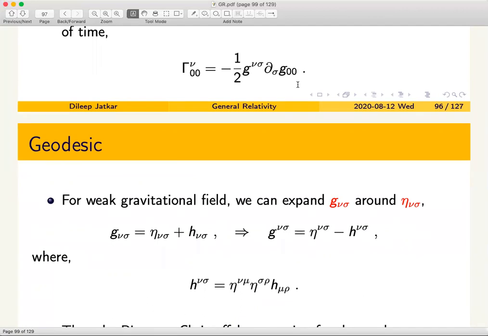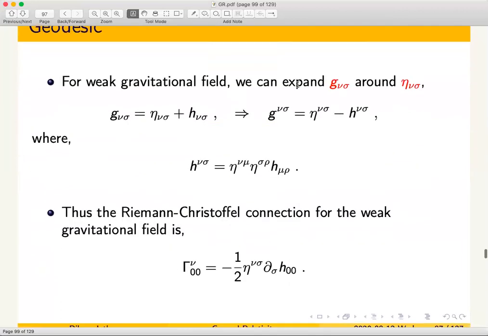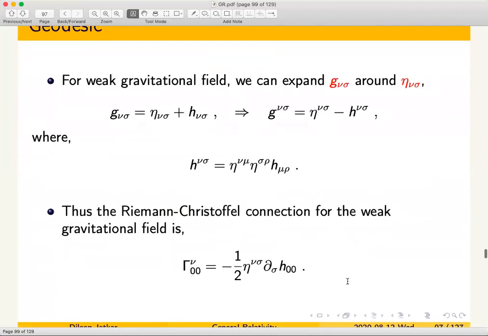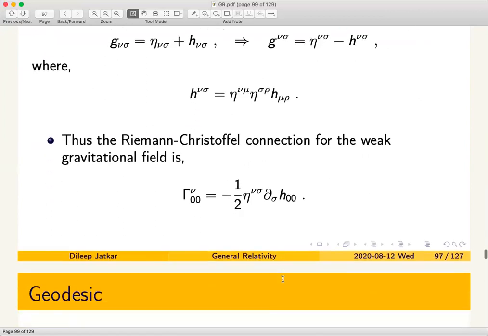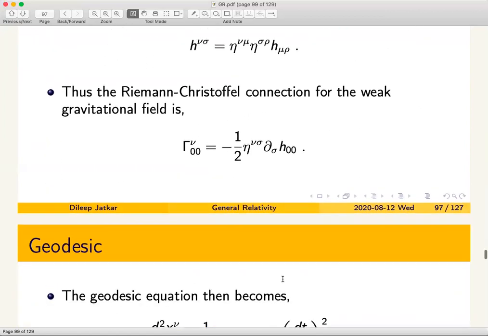So in linear approximation, this would suffice. Now, of course, if you want to do a more accurate computation, one way is to do a fully covariant computation. If you want to correct the non-relativistic limit in the weak field approximation, you can systematically add terms which are quadratic in h and cubic in h and so on. Any questions here?